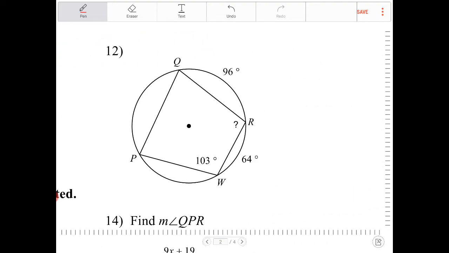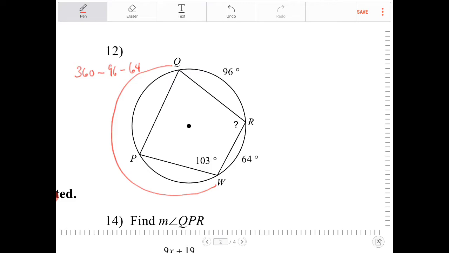All right, question 12. So in this case, you're asked to find angle R, and I immediately notice that this arc is going to be, again, the difference of 360 minus 96 minus 64.